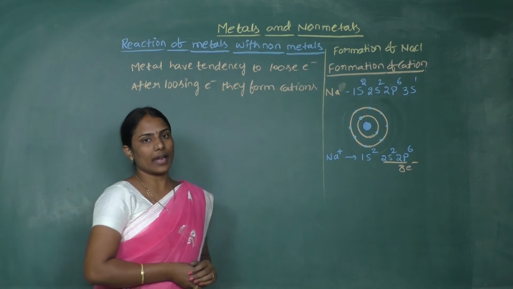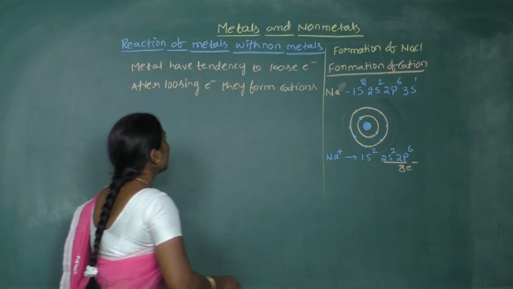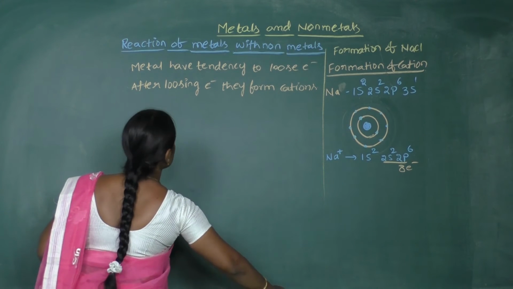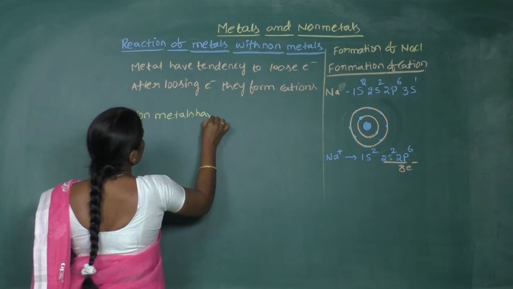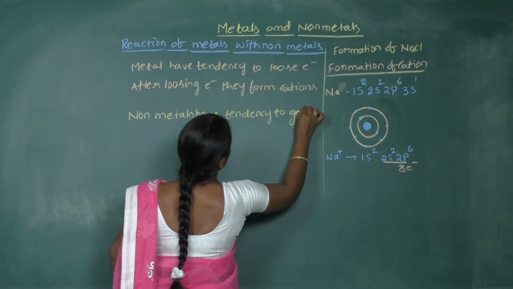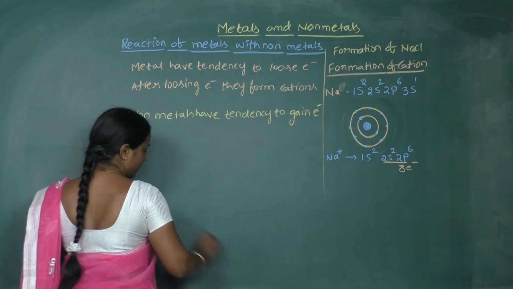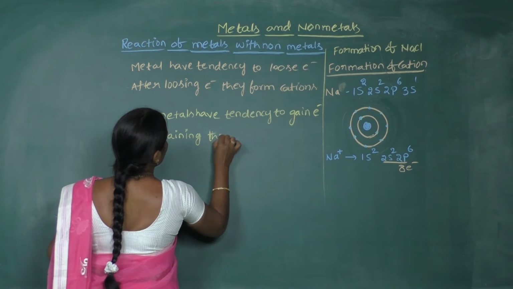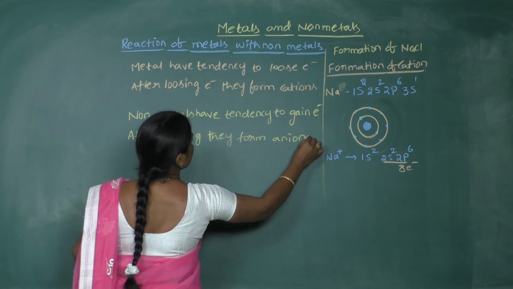So sodium forms a cation. Similarly, non-metals have a tendency to gain electrons, and after gaining electrons, they form anions.